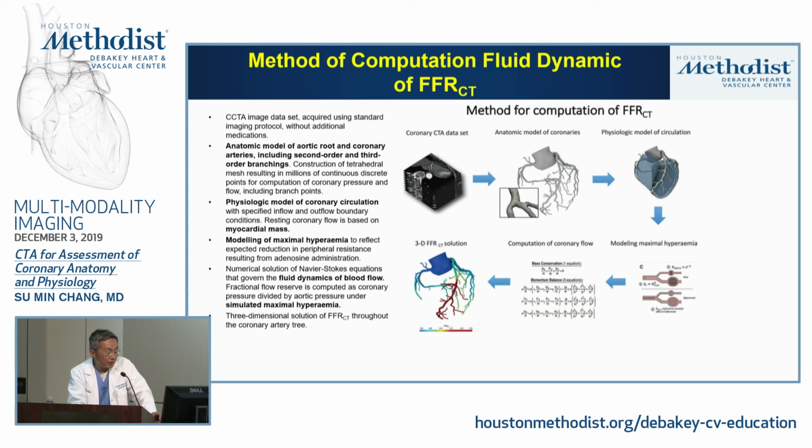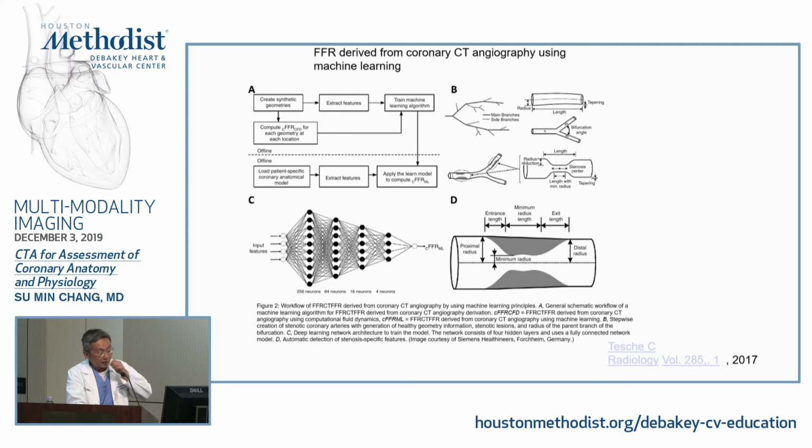So basically, you model the resting perfusion and the maximal hyperemia depending on the mass and expected resistance. And then they dump all this data into a computer algorithm, and they give you a CT-derived FFR, okay? Again, that's the dominant one that we use clinically.